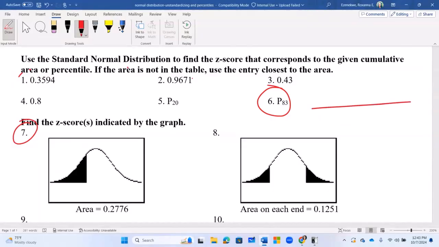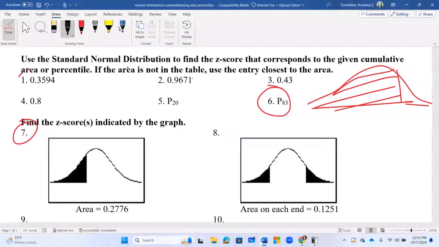So the first step is to draw a normal curve showing the 83rd percentile. Area to the left is called percentile. It's also called area to the left. So 0.83. Okay, and then I am told to find the z-score corresponding to this area. Of course, by looking at the diagram, 0.83 is greater than 0.5.